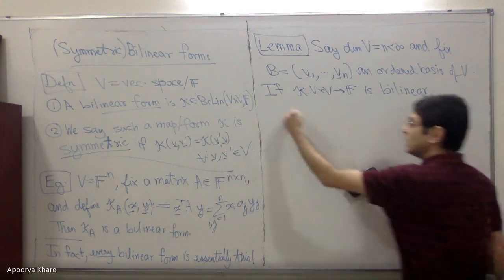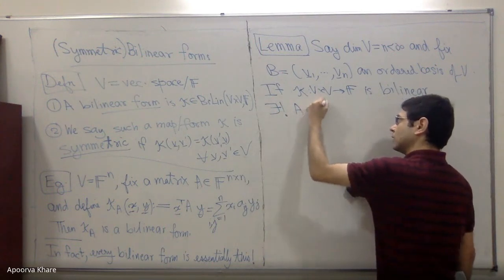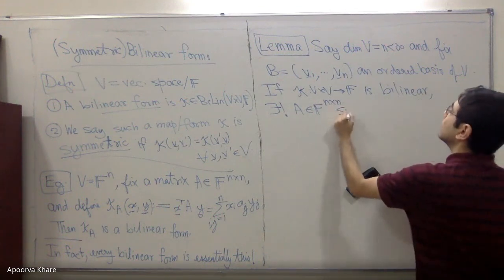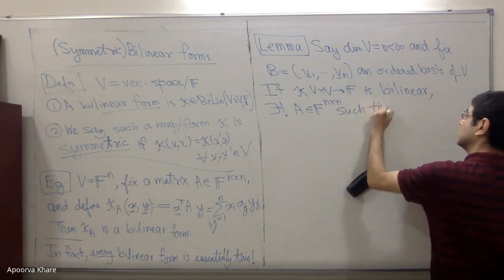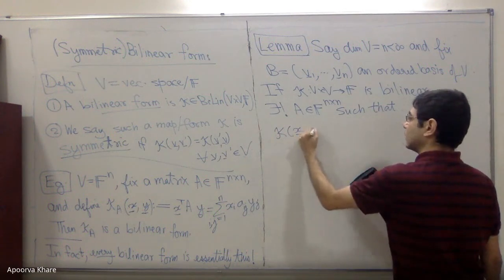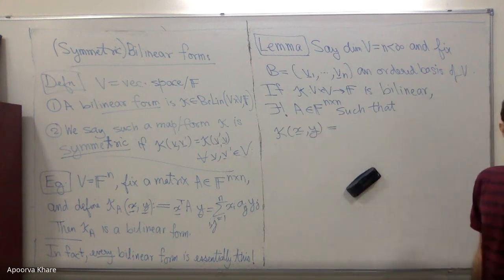Then there exists a unique A in F to the n cross n, a unique matrix, such that kappa of x and y equals, so this is a scalar on the one side.